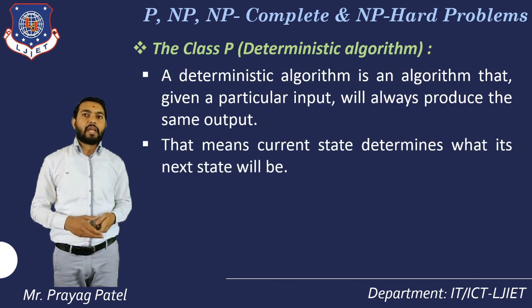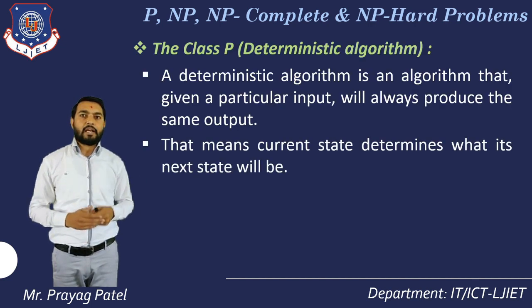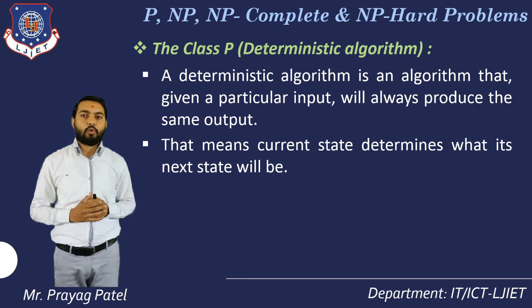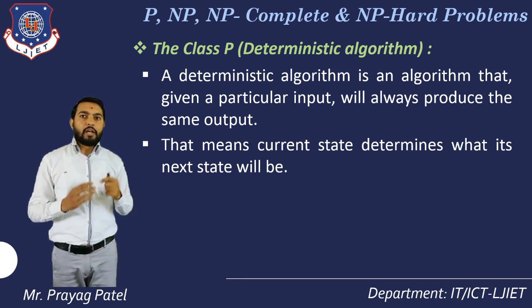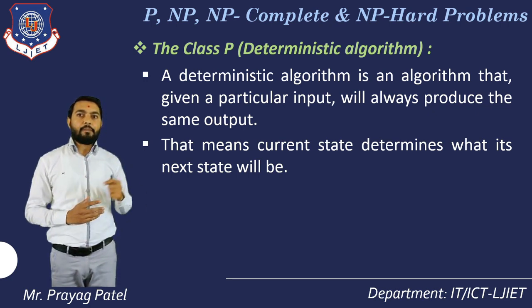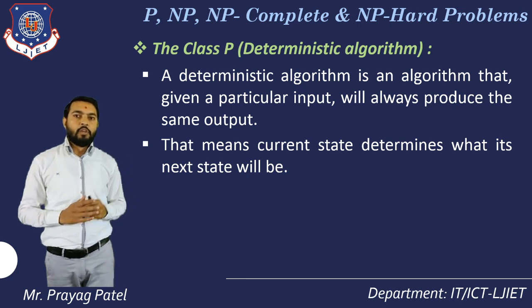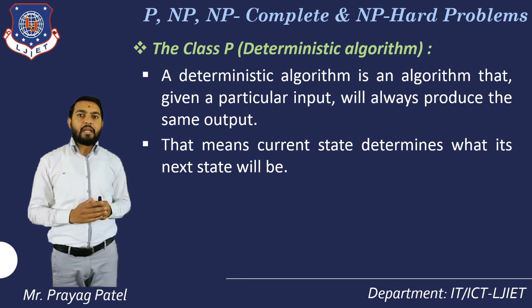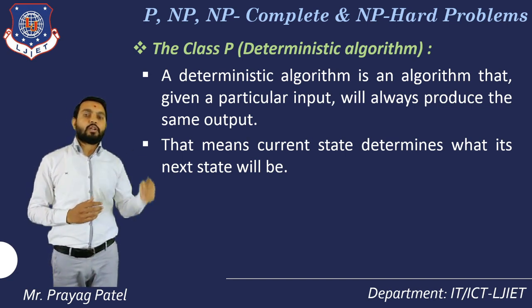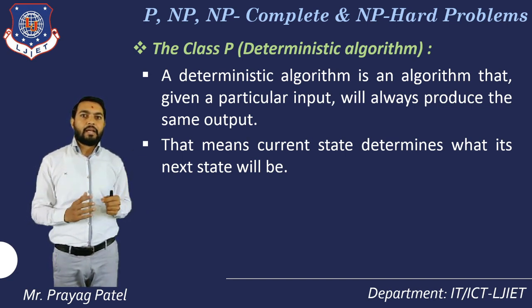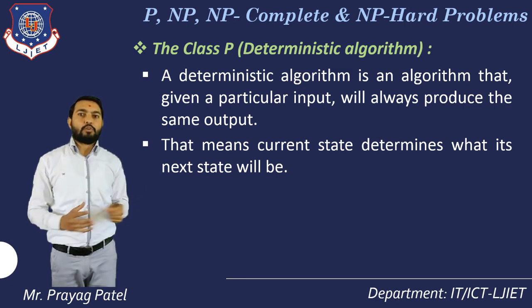Now, P problems use a deterministic algorithm. How does a deterministic algorithm work? A deterministic algorithm is an algorithm that, given a particular input, will always produce the same output. For example, for a minimum spanning tree problem using Prim's algorithm or Kruskal's algorithm, for the given input we will get the same output from all the students.